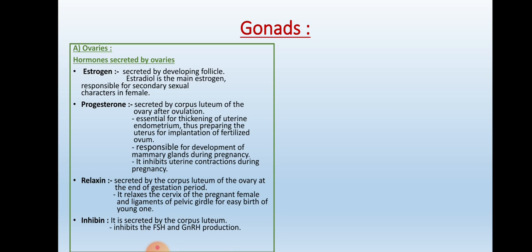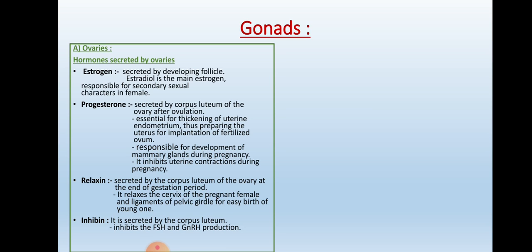It is responsible for thickening of the uterine endometrium, preparing the uterus for implantation of the fertilized ovum. It is responsible for development of mammary glands during pregnancy and inhibits contractions during pregnancy. So overall, progesterone can be called a pregnancy hormone. The next hormone of the ovaries is relaxin, secreted again by the corpus luteum at the end of gestation.